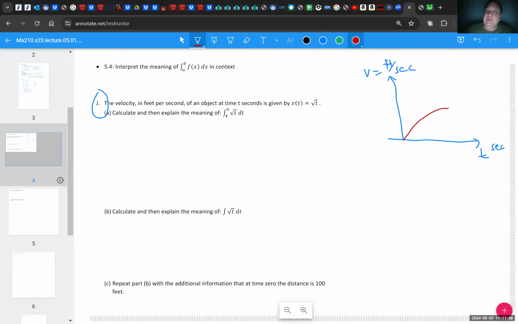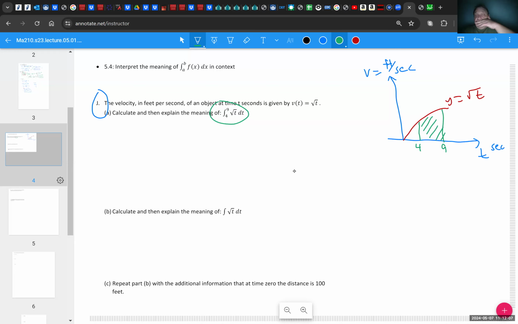This is the square root of t curve, and we're going to be looking at the area between the graph and the x-axis between the given input values. In this particular expression, we're going to calculate and explain the meaning of this area between t equals 4 and t equals 9.